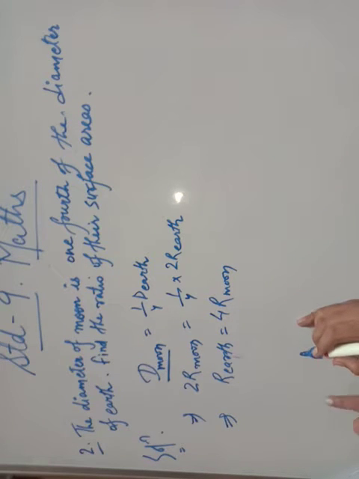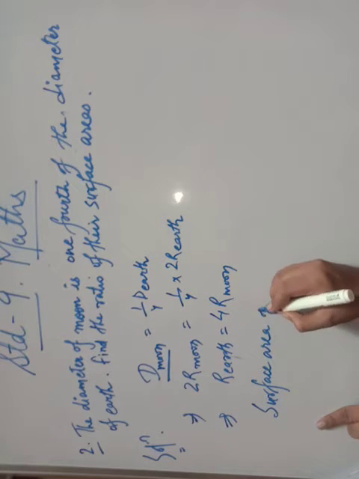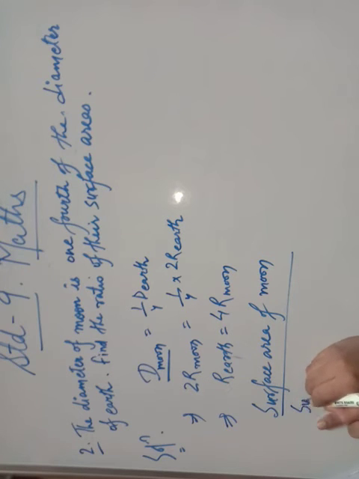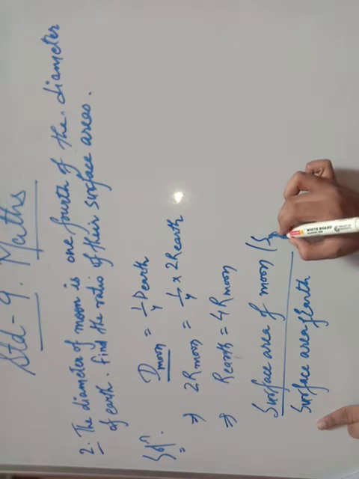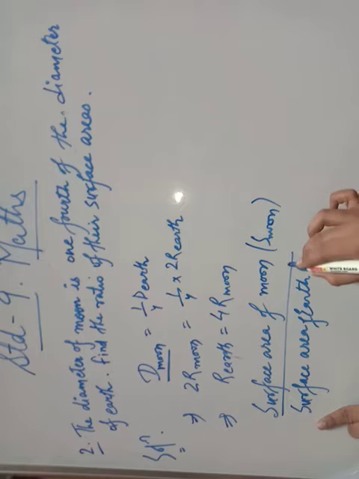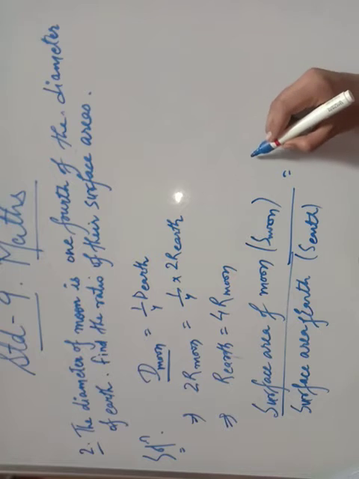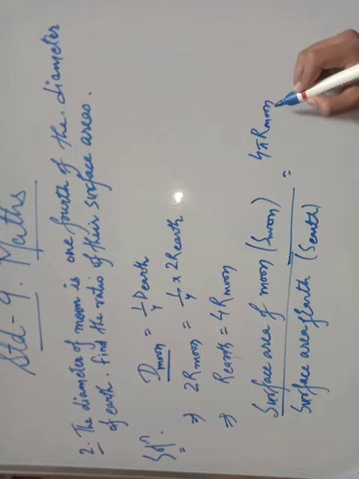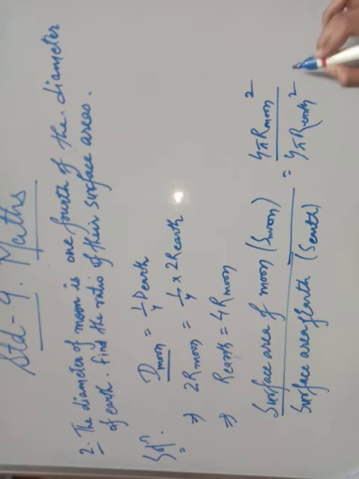So now we can put the ratio of the surface areas, that is surface area of moon by surface area of earth. You can write it like this: S moon by S earth, that is 4 pi r of moon square by 4 pi r of earth square.